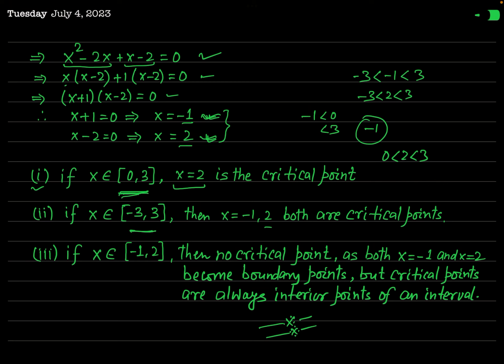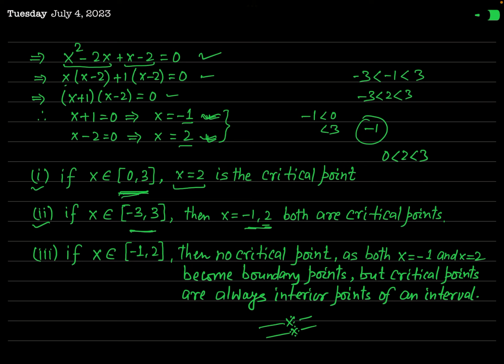So these two values of x will be called critical points in this case. So for the second part of the problem, the critical points are both x = -1 and x = 2. Both are the critical points. Have you understood or not? Definitely you have understood.